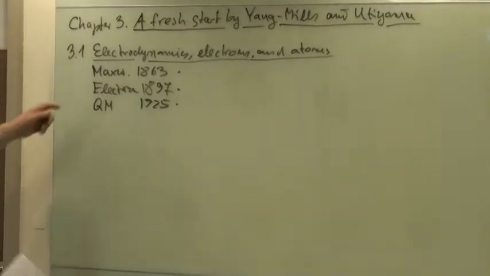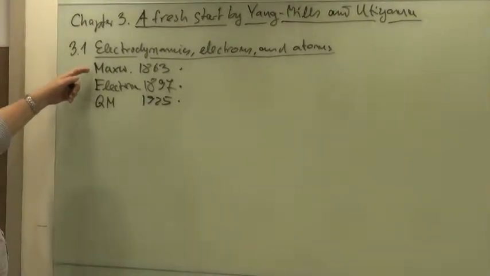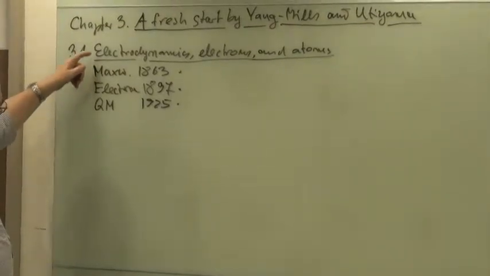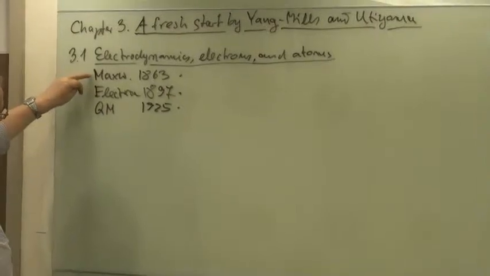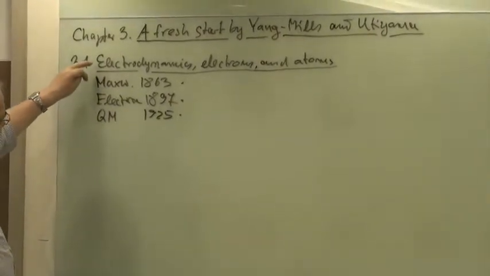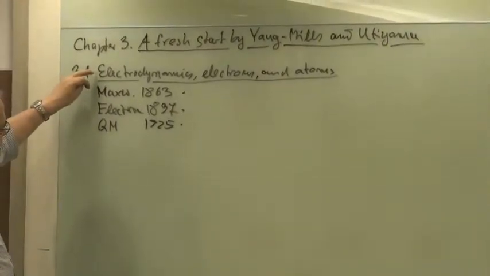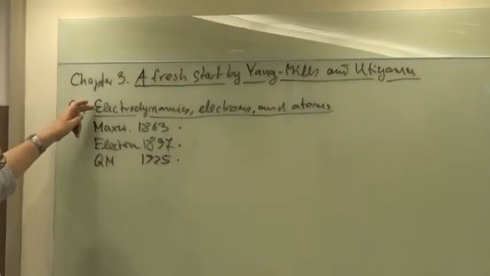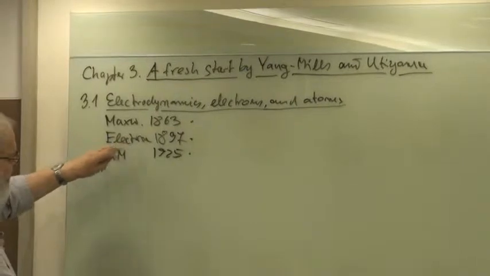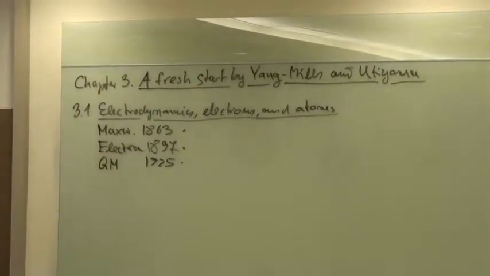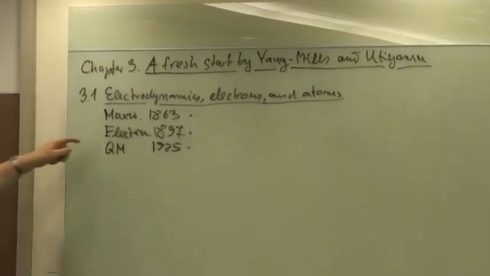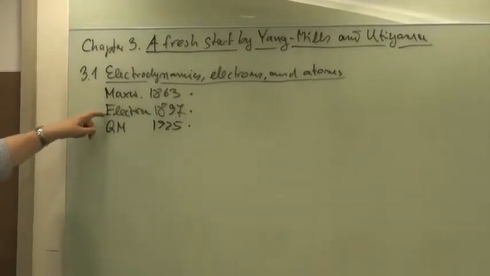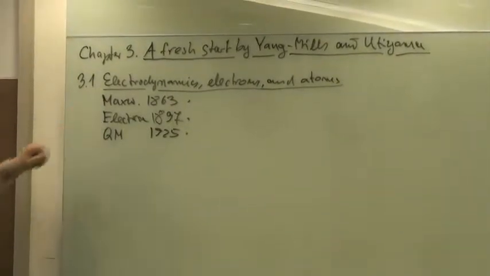The electromagnetic field equations were clear here, and the basic constitutive element of matter, which is mostly responsible for the electromagnetic field, at least on a macroscopic level, was discovered in 1897, the electron, and so one had a classical theory at this time of the electron interacting with its field.